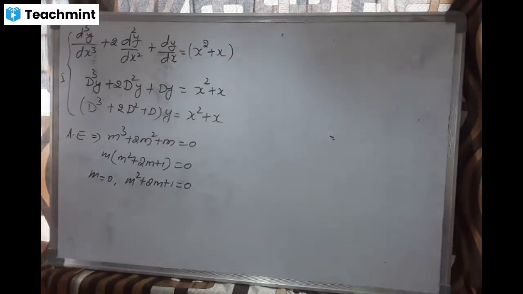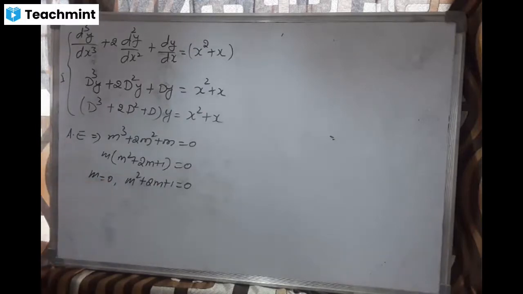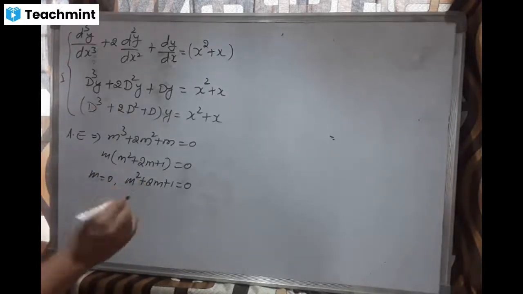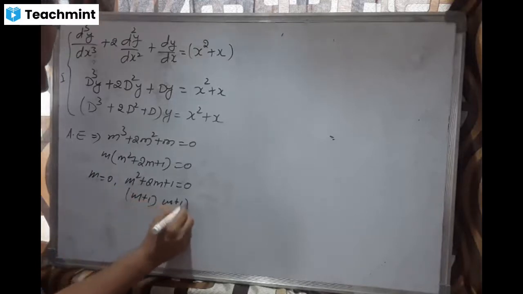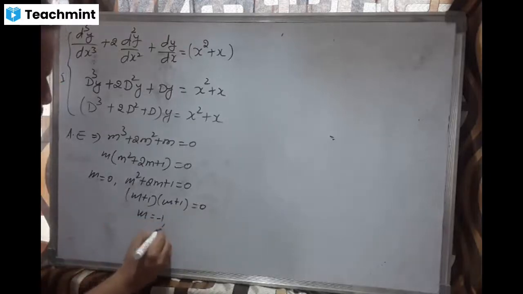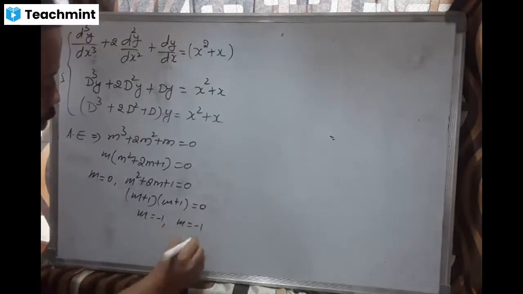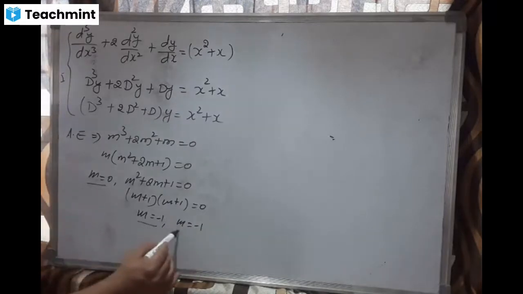So I think minus 1 will be there, minus into minus plus 1. So it should be minus 1, therefore m plus 1 into m plus 1, the roots will be m is equal to minus 1 and another one m is equal to minus 1. Therefore I have got 3 roots: first root, second root, third root.